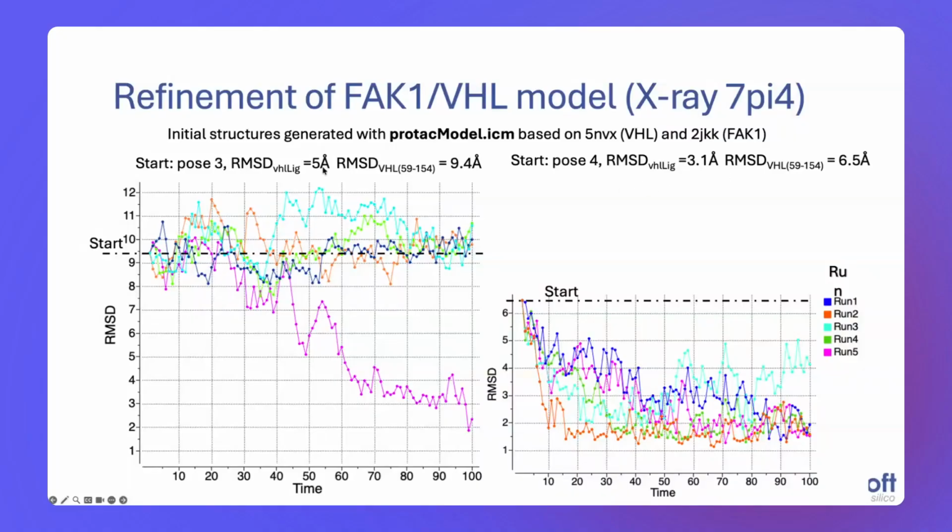And the corresponding RMSD plots on the right track the progression of the 5 independent runs for these poses over the 100 nanosecond simulation, illustrating how the models evolve from their starting points to a very reasonable final RMSD after five runs.